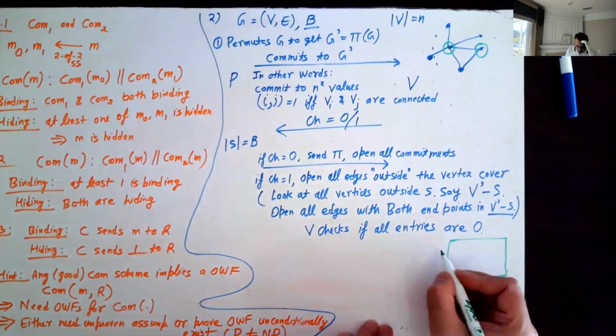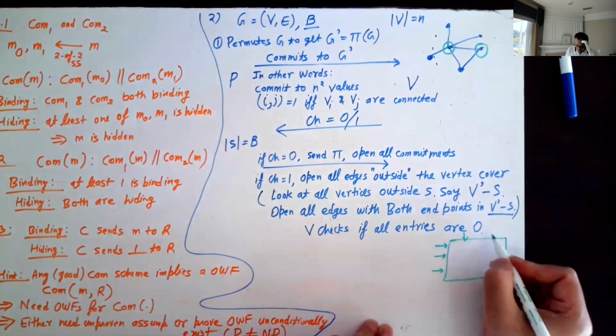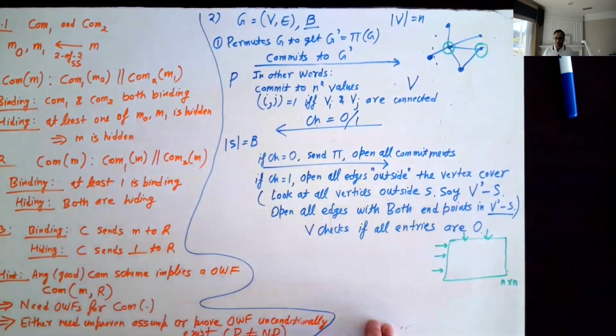I am pointing to certain rows of the matrix and certain columns, and I am revealing all of them.